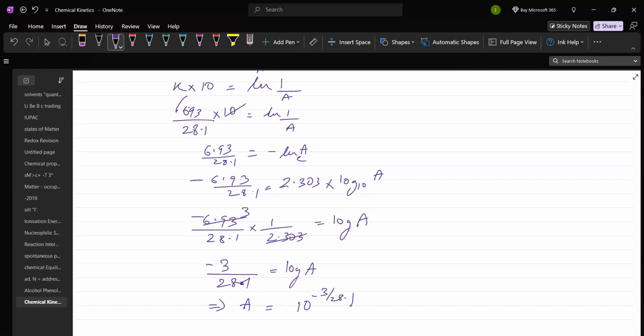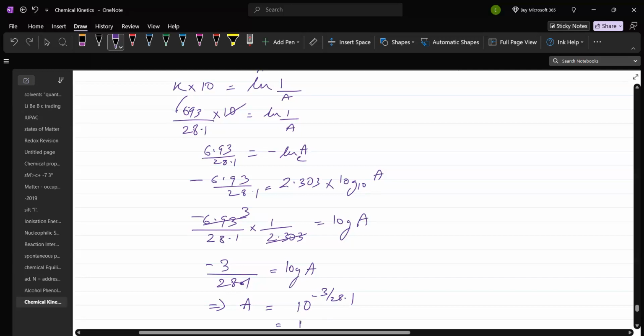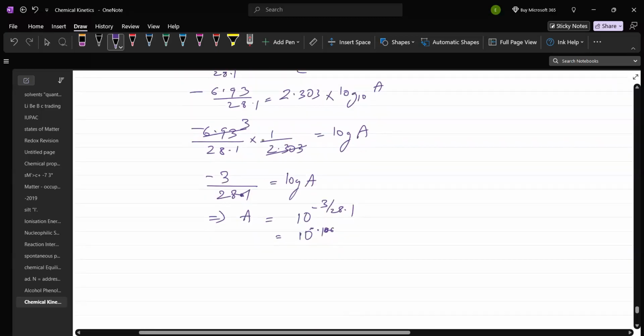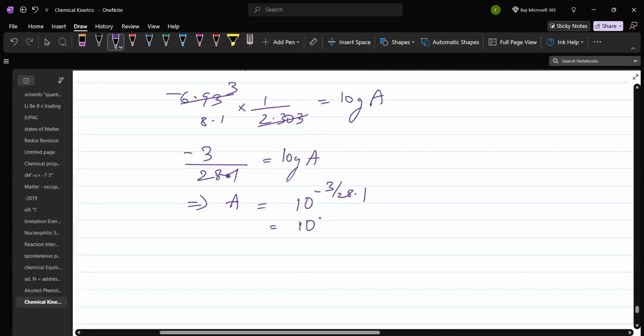Now the rest is some mathematical calculation, which is tough. If you divide this, you will get 0.106 with a minus.